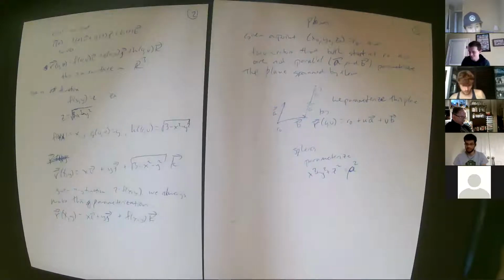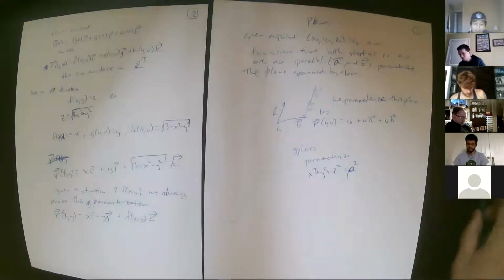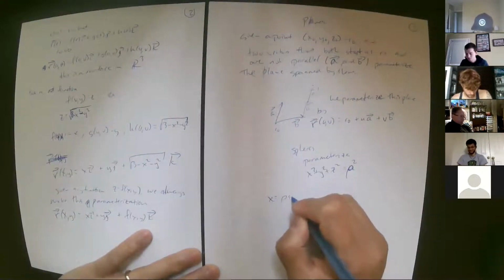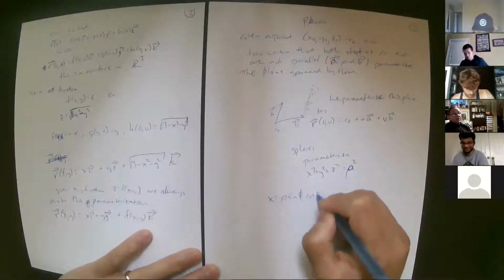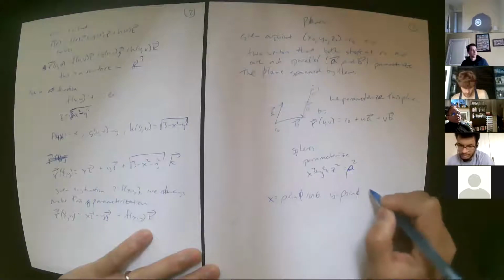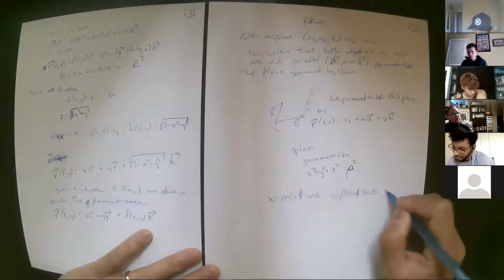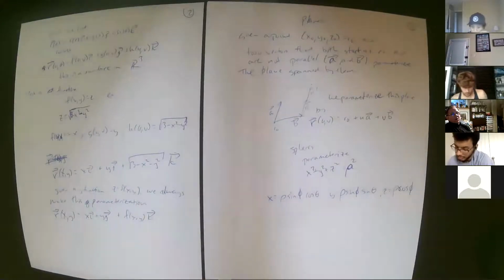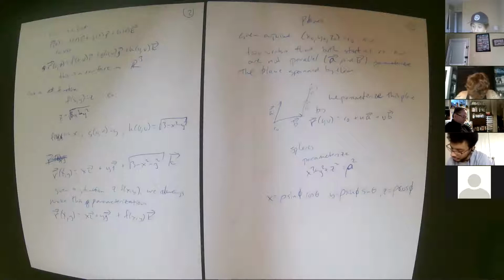So what were the spherical coordinates? x is equal to rho sine phi cosine theta, y is equal to rho sine phi sine theta, and z is equal to rho cosine phi. These are exactly spherical coordinates. I make a transformation into spherical coordinates, but this transformation describes a parameterization.